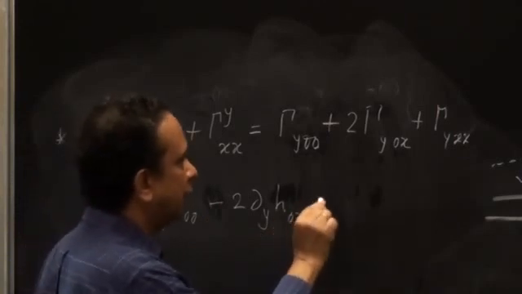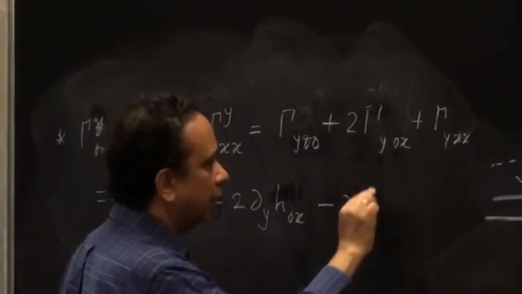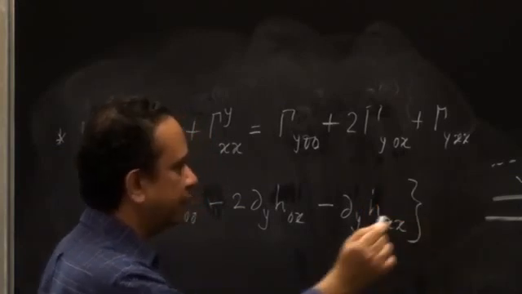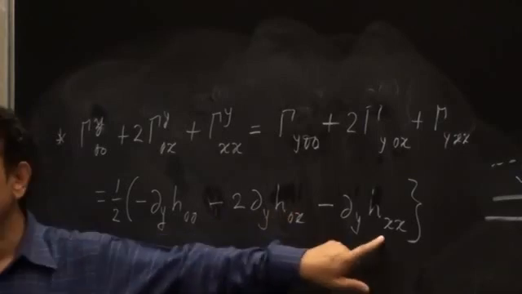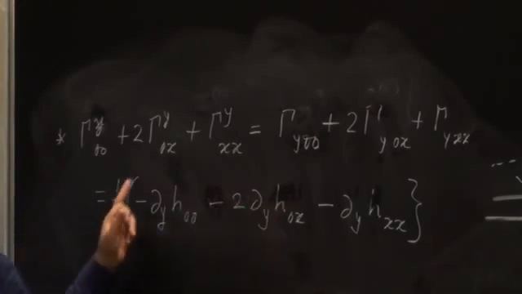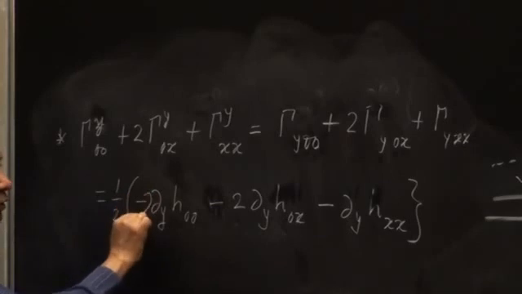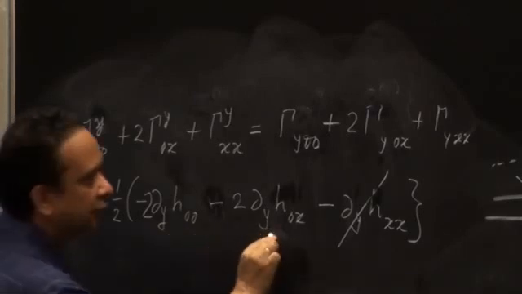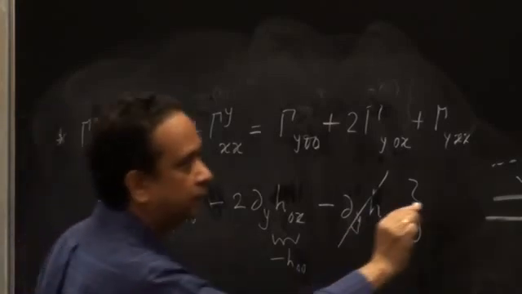Similarly, in the last one, I will get minus ∂_y of h_xx. Now you can see what is happening, because this is h_00, 2 times h_0x, and h_xx. These two are equal to each other, so together they give me a factor 2, and they differ from each other by just a sign. So 2 times this quantity goes, and this h_0x is minus h_00, so this whole thing is 0.